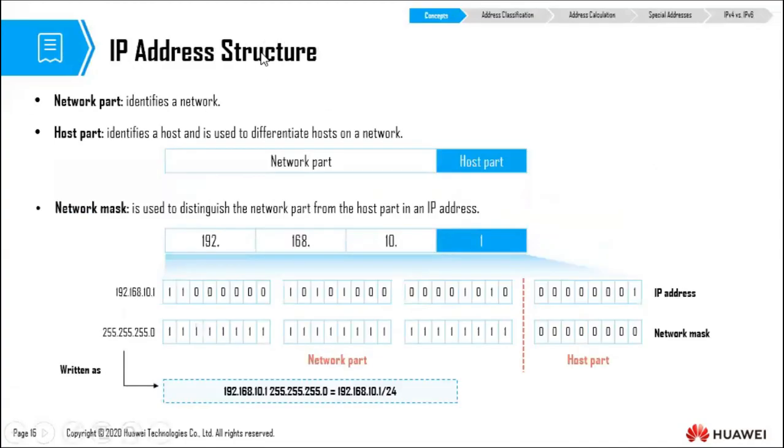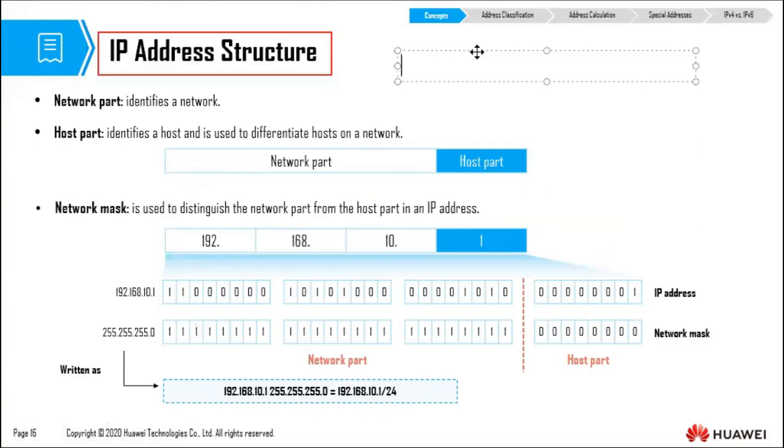Now, the other important thing that you need to understand is the address structure. Before I talk about this, let me talk about my mobile number structure. 254, then 729, then 385557.